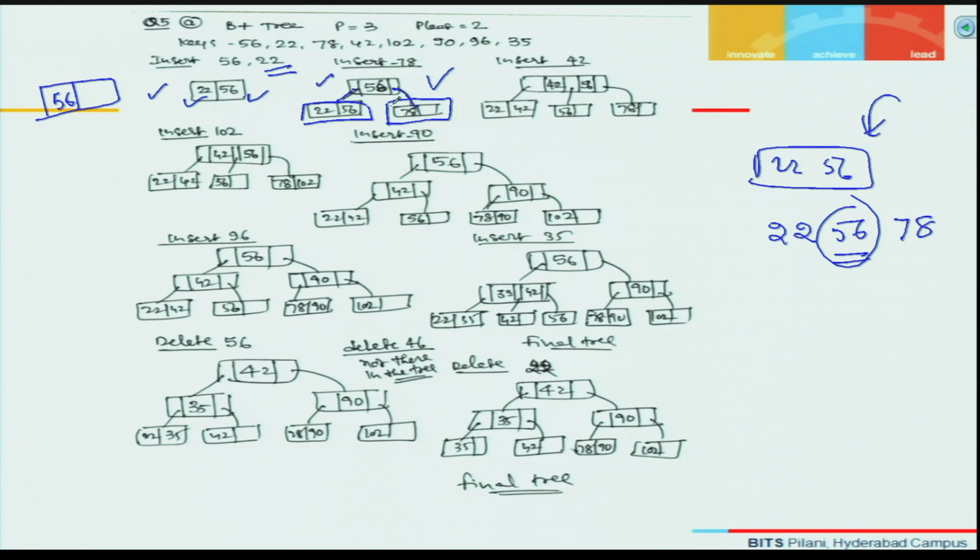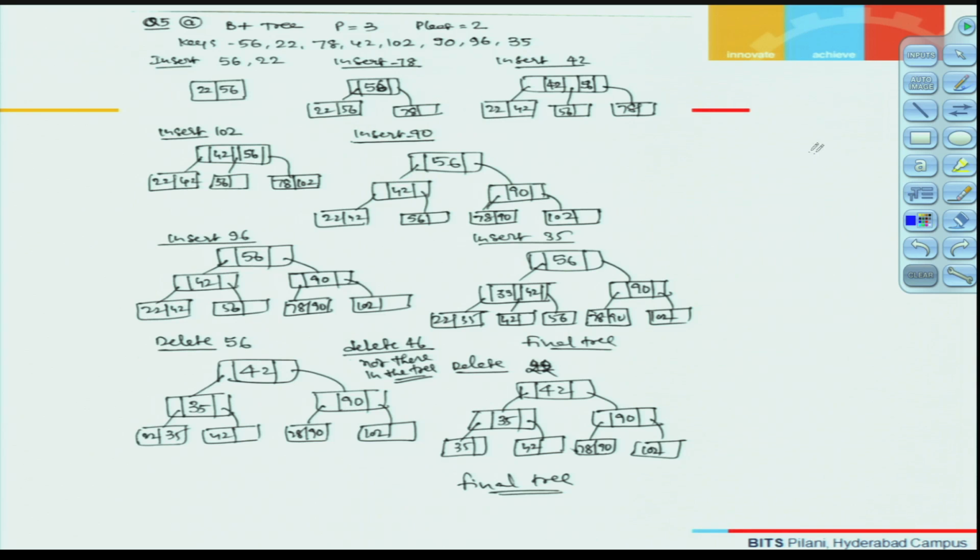At every point when you make an insertion or deletion, you must be very careful whether you are maintaining the rules laid down for that B tree, that is the minimum number of keys, minimum pointers and maximum pointers. That needs to be kept in mind while working on this tree. So far it is good. After inserting 78, this is the structure of the tree.